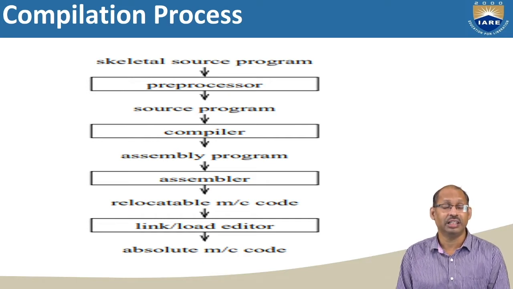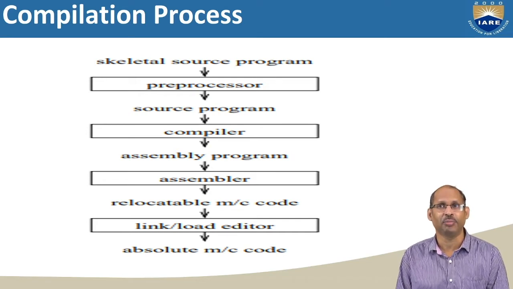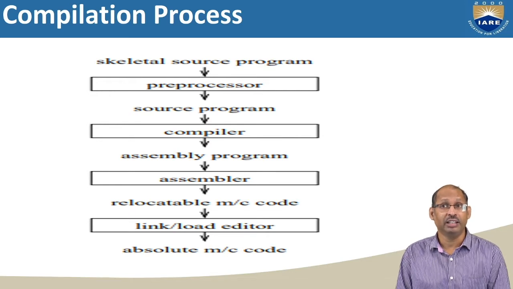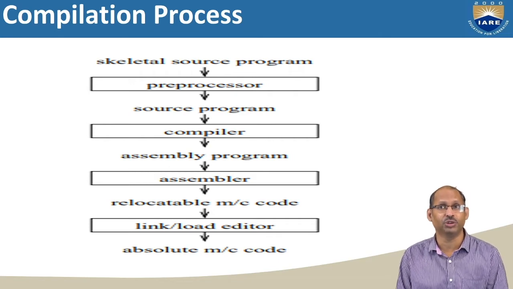Here, the compiler will convert the source program to an assembly program. The compiler has multiple phases; each phase converts one form of the source program to another form. Finally, the output of the compiler is an assembly program.